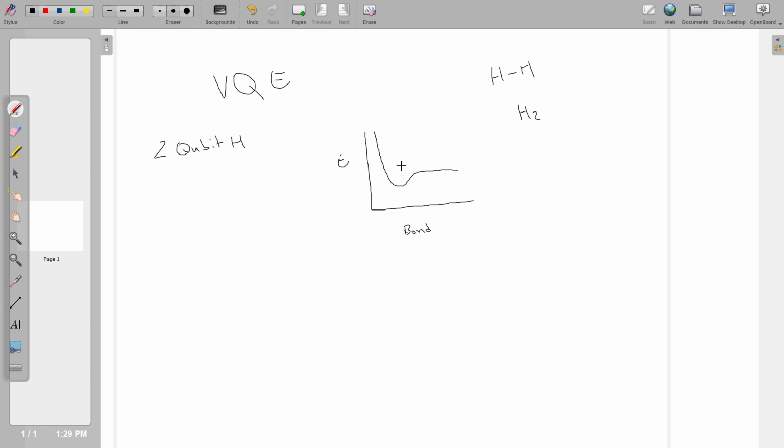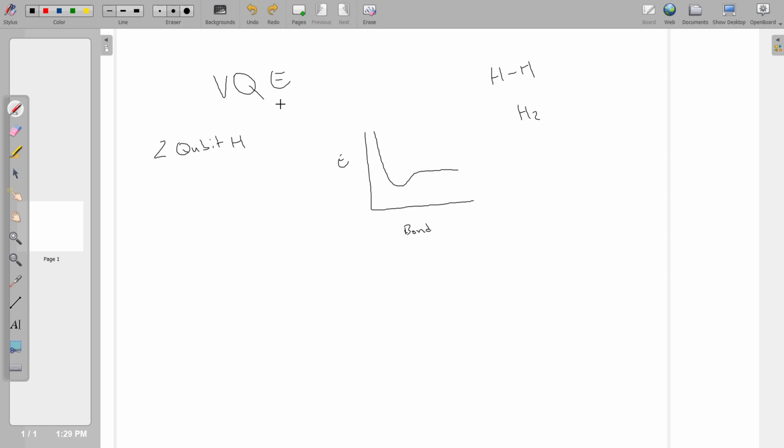Then as you get further apart, there are counteracting forces, and we can see that right here. This is the nice normal minimum in this area. It's a bad graph, but you'll see what I mean when we get there.